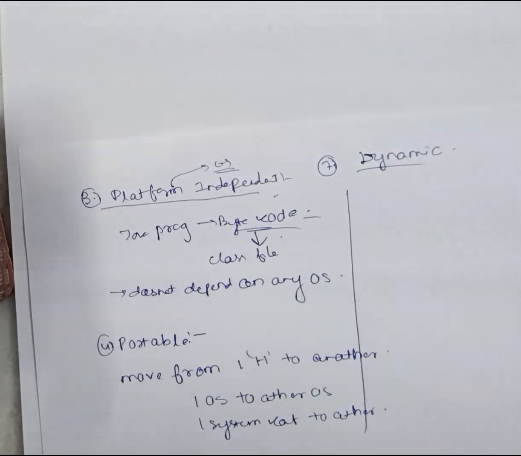That is why we say Java is a dynamic programming language, because the class file is loaded into memory during runtime. The second reason is that for primitive data types such as float and double, memory is allocated during execution time, not during compilation time. Because of these two reasons, Java is a dynamic programming language.